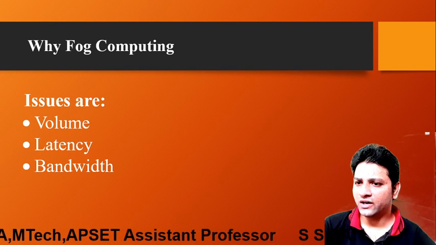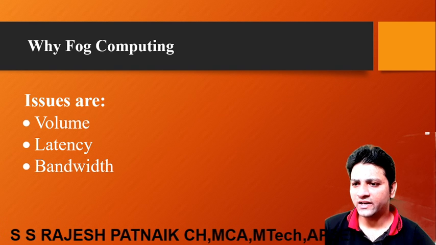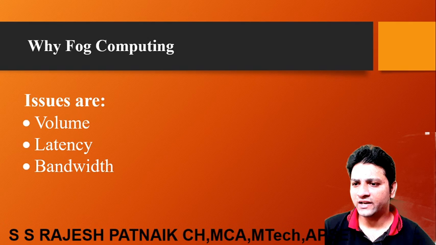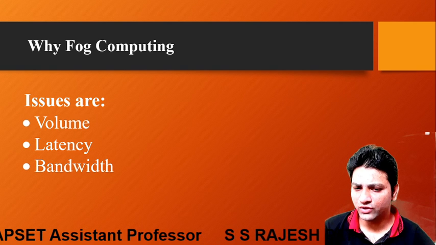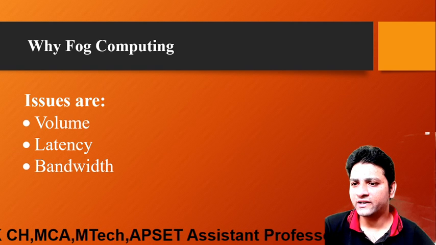In the real world, there are lots and lots of IoT devices, all connected in a network. If they are connected to a cloud, the network bandwidth will be huge, because data must be transferred. For example, if you want to retrieve certain data from the cloud, you must interact with the cloud server, and then it comes from that particular cloud.